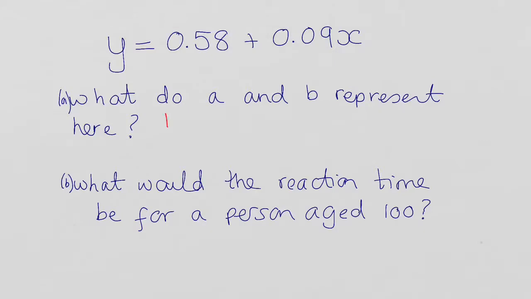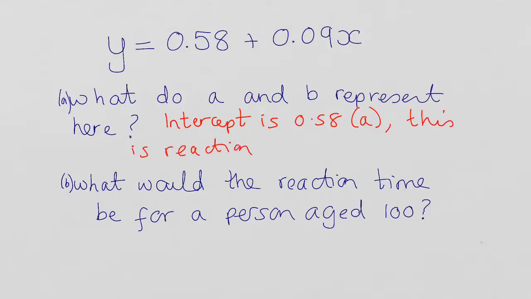So I would put intercept is 0.58, so that's your A. This is reaction time for age 0. Okay, I'm now going to erase that so I can fit on the next bit. So you want to put it back into context.